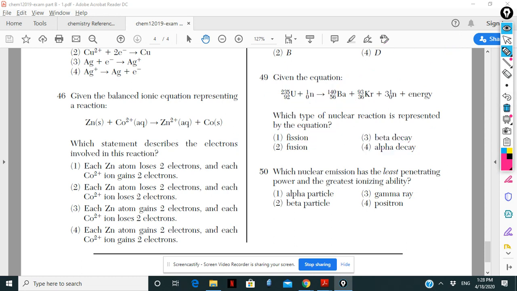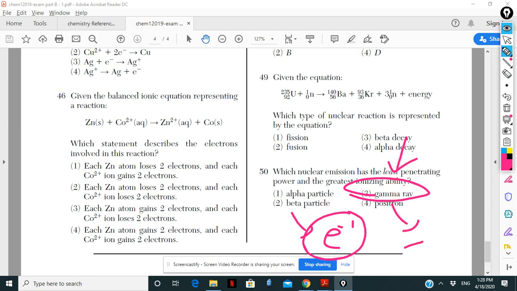Which nuclear emission has the least penetration power? To have the least penetration power, the particle should be huge and have the greatest ionization ability. The beta particle is an electron, and we know electrons have less mass. Gamma ray is energy, and energy has the highest penetration.